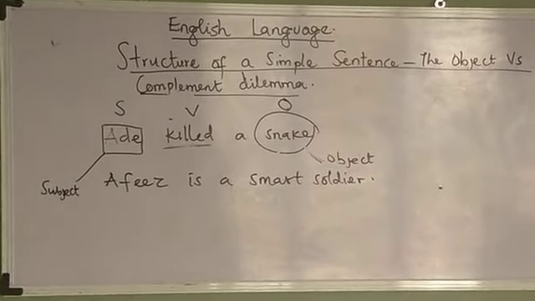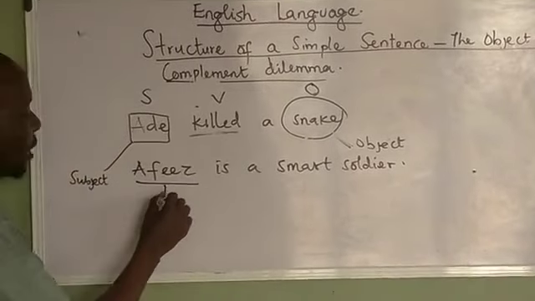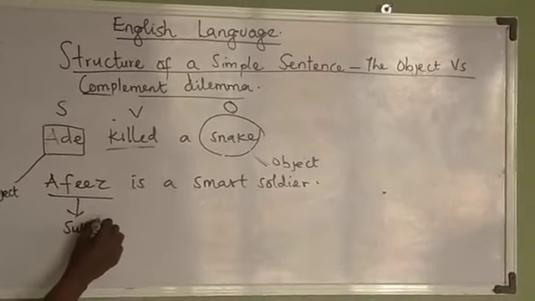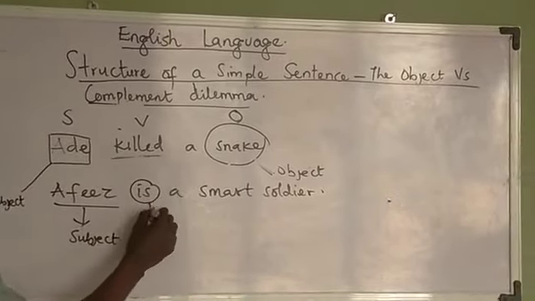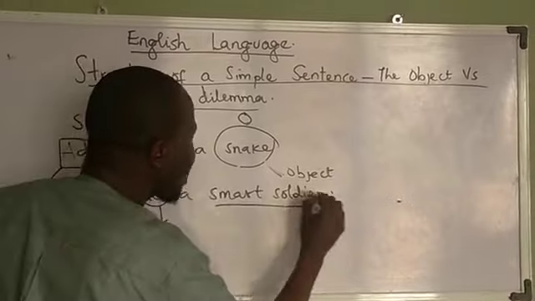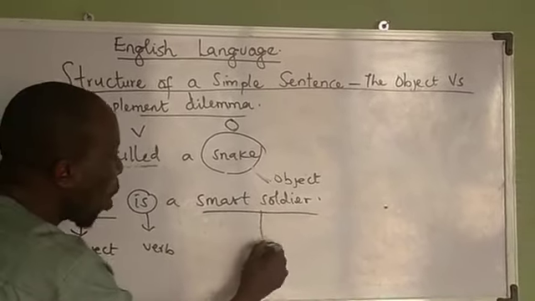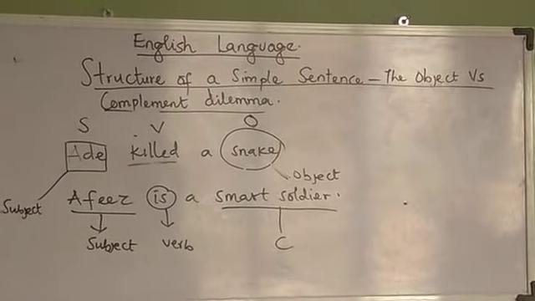Now, look at the second statement. Hafiz is still the subject. Is here is a verb. But are you now telling me that smart soldier is an object? No. Smart soldier is a complement. Why?